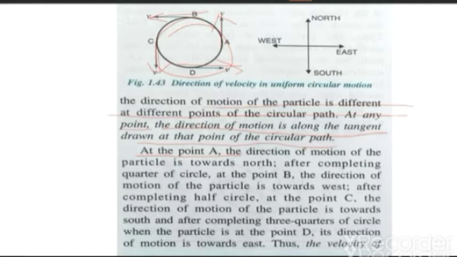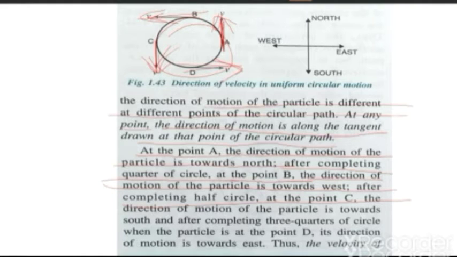At the point A, the direction of motion of the particle is towards north, right? It is towards north at the point A. You can see it here. After completing a quarter of the circle, at the point B, the direction of motion of the particle is towards west. After completing half the circle, at the point C, the direction of motion of the particle is towards south. This is west, this is south, this is east.